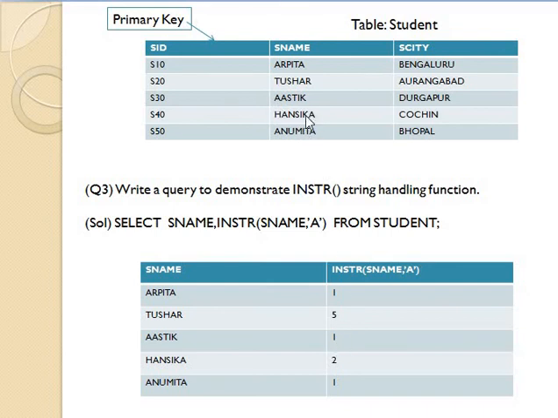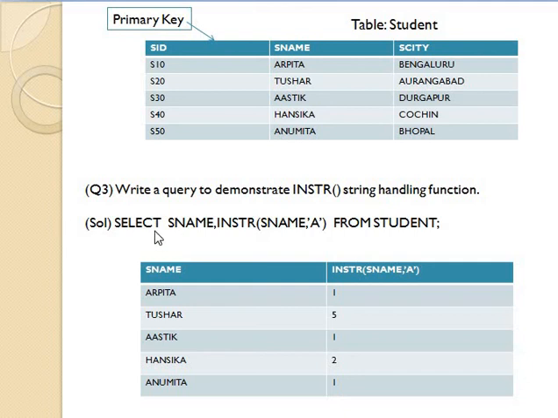Again for the entry Hansika, the position of the character value a shall be 2, because at the first position there is the letter H and at the second position there is the letter A. Now at the end, for the entry Anumita, the position of the character value a will be 1, because a is standing as the first character. So that's why 1 is getting displayed here.